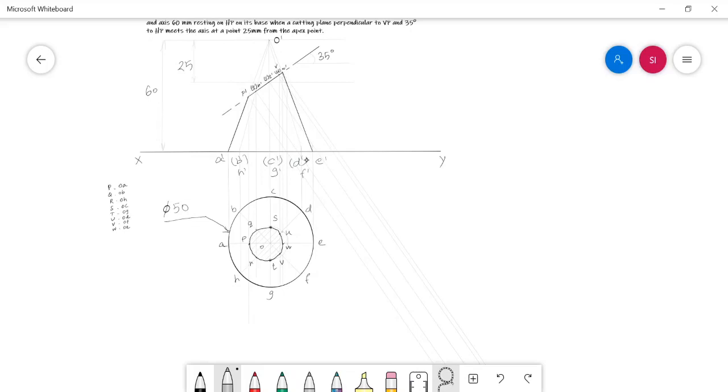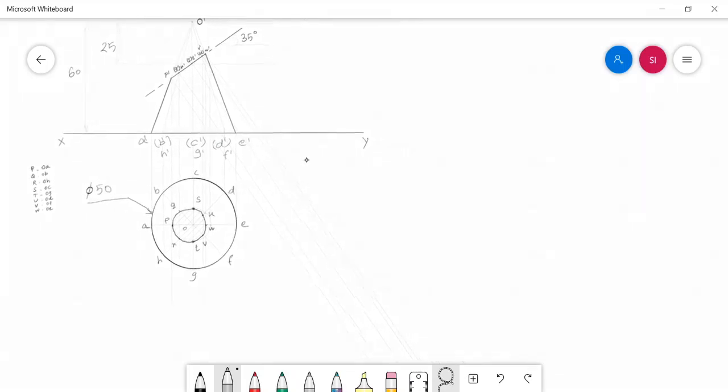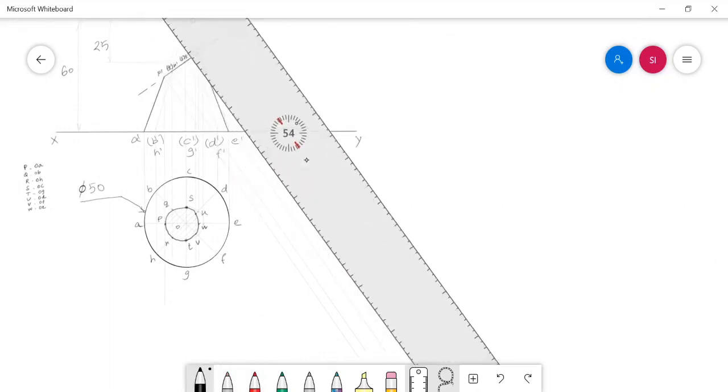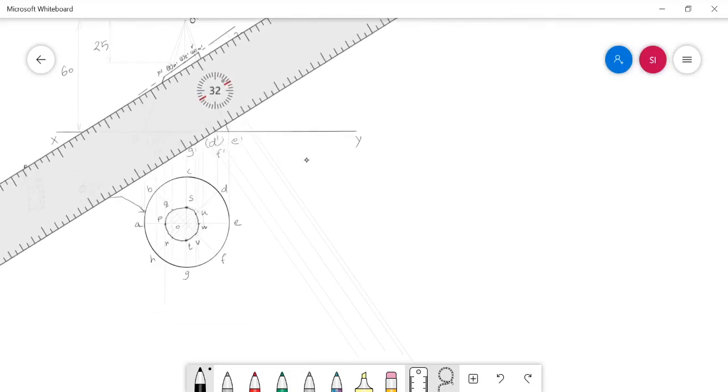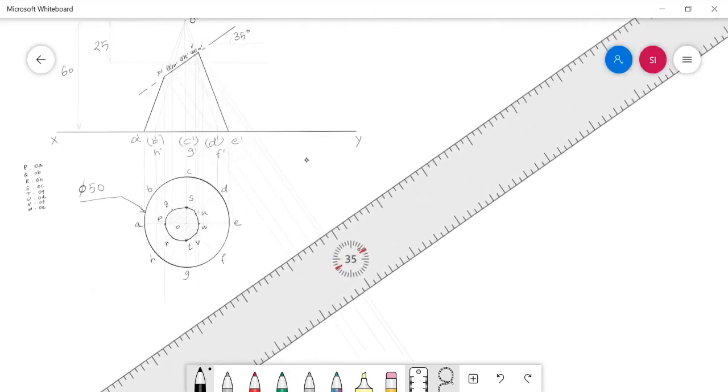Better this. And now at a convenient place we have to mark the x1 y1, that is your auxiliary reference line. This should be parallel to your cutting plane.